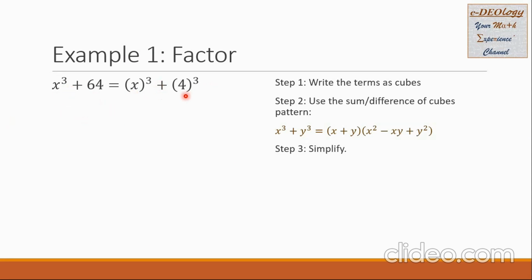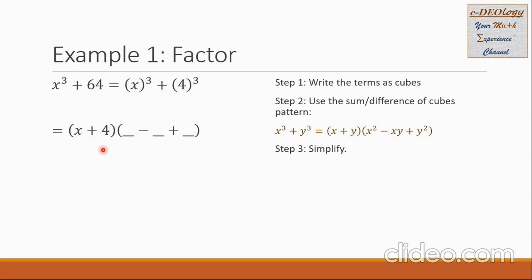And then step 2, we're going to write the factors. In the factors, we expect a binomial times a trinomial. Let us write the binomial first. We will write the x, we will copy the positive sign, and we will copy the number 4.